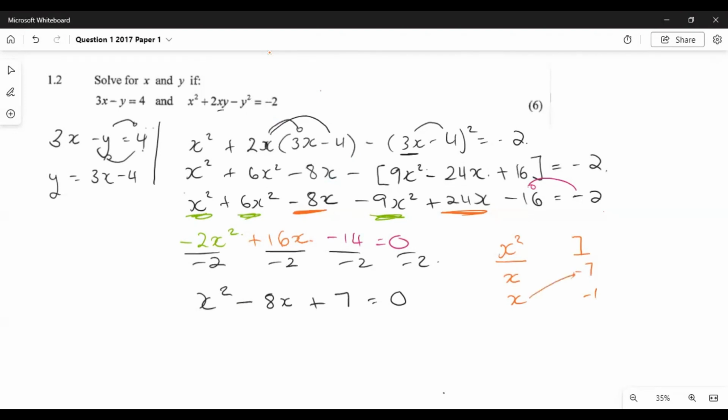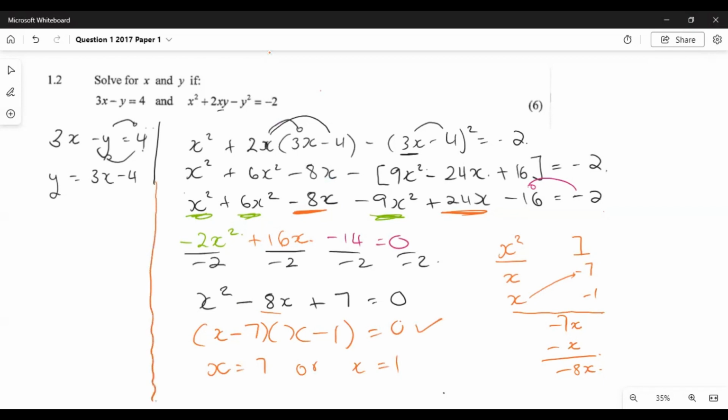I'm going to cross multiply out, minus 7x and minus x, giving me minus 8x, which is exactly the number in the middle. So I know that my brackets are this. Then I can solve for x. x is equal to 7 or x is equal to 1 in order for this statement to be true.